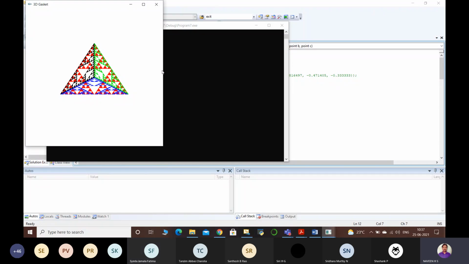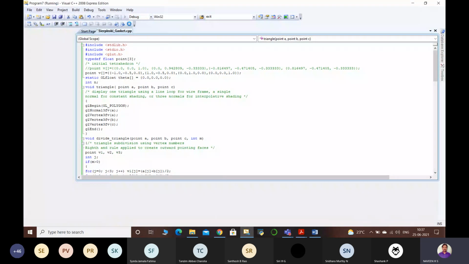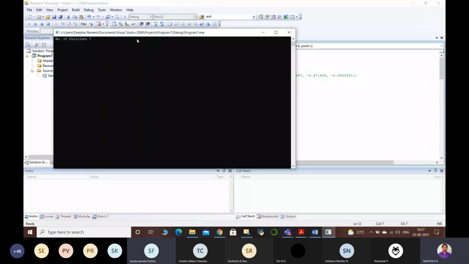So like this you have to divide your triangle. If the values are more at some point, your triangle itself becomes invisible, because it is beyond your screen limit. Let's see for 15.